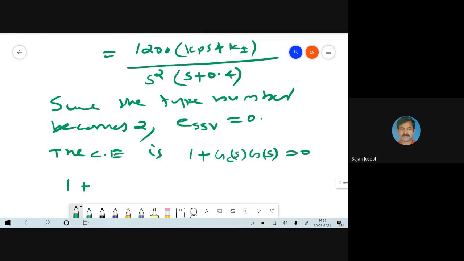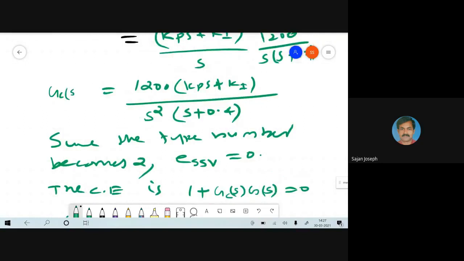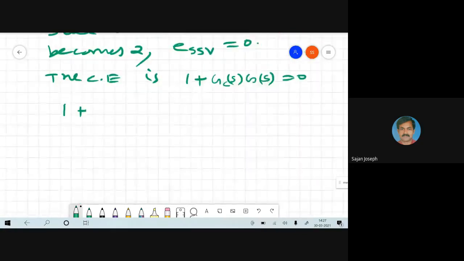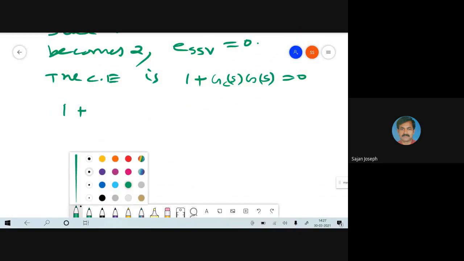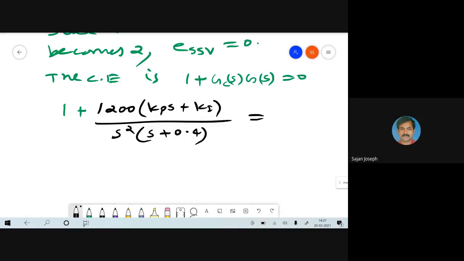GC(s) into G(s) is this. Therefore, the characteristic equation is 1 plus 1200 into (Kp s plus Ki) divided by s square into s plus 0.4 equal to 0.